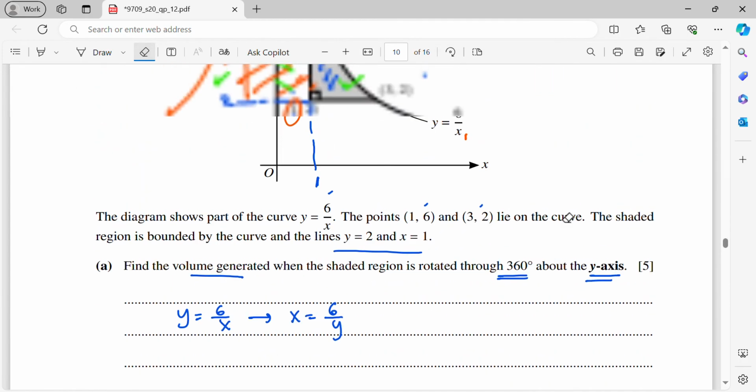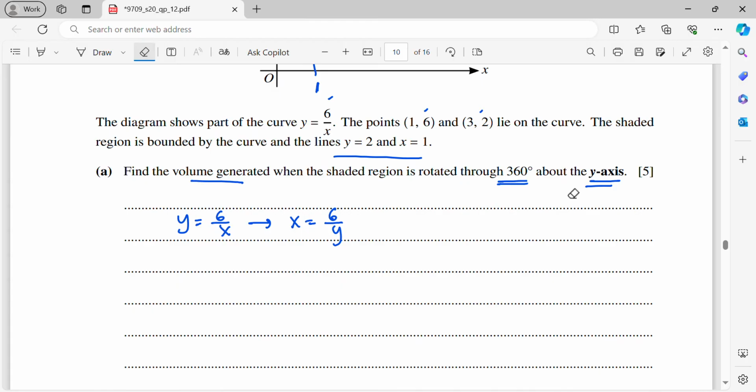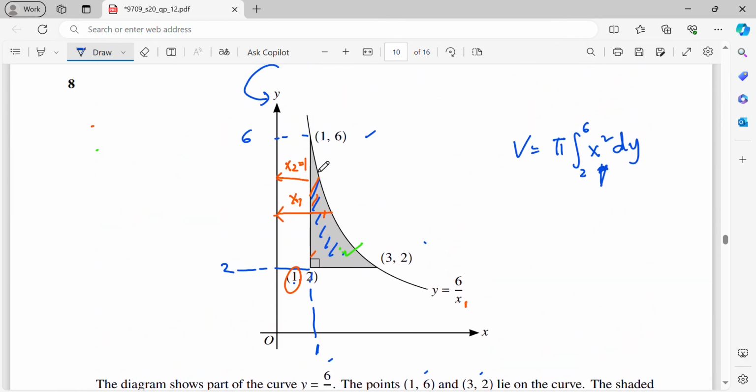So my x1 is from the graph, and my x2 will be 1, according to the explanation here.